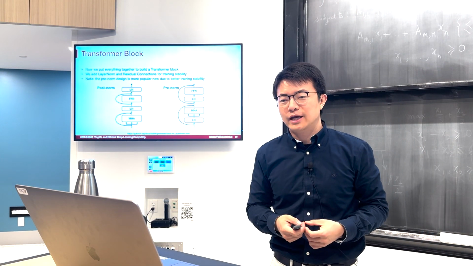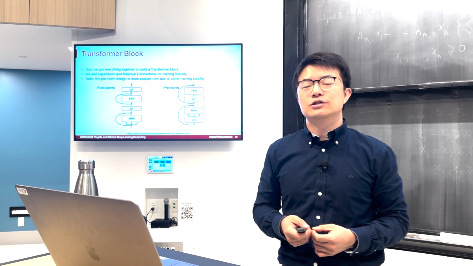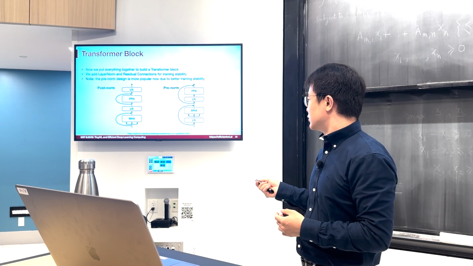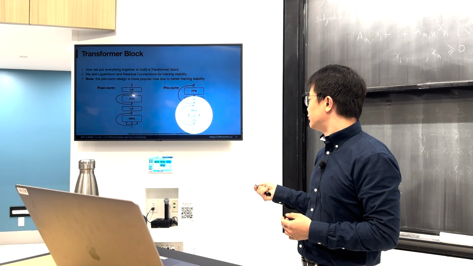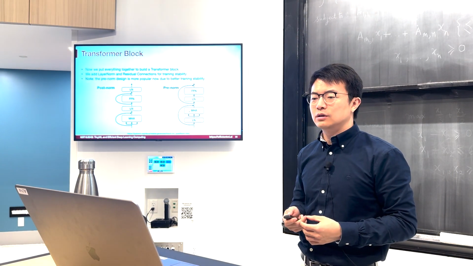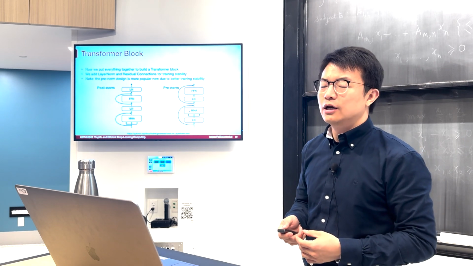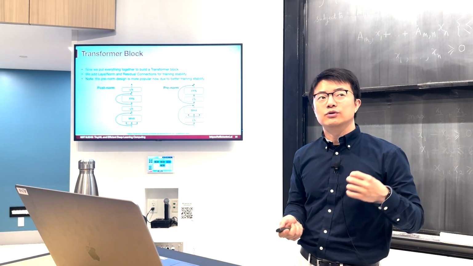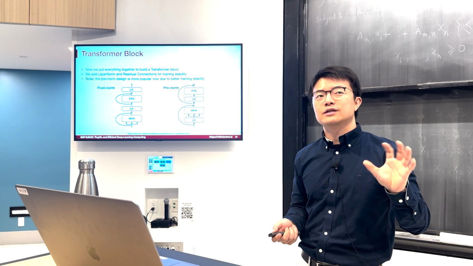Actually, pre-norm is getting pretty popular these days due to not only better training stability, but also it's very easy to fold into the matrix multiplication, making them into a single kernel. And also you can apply lots of pre-processing.